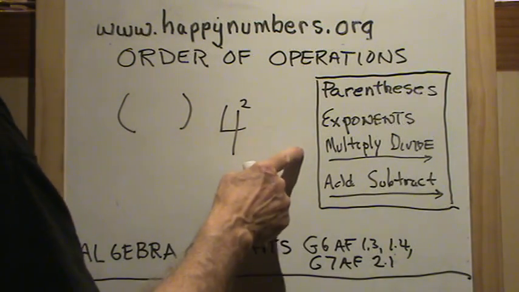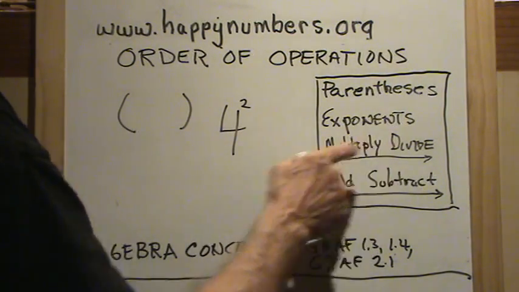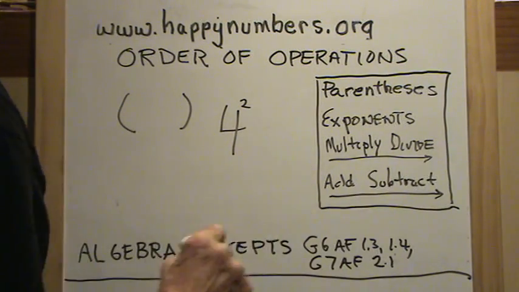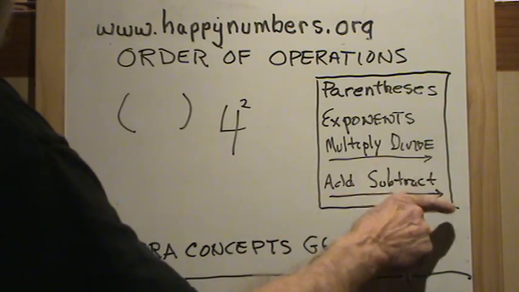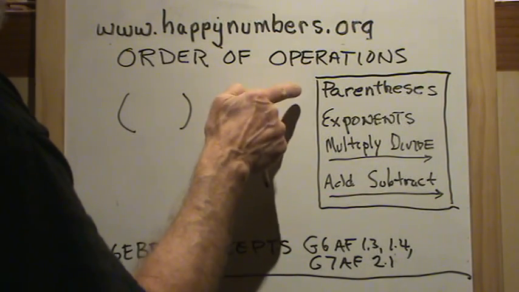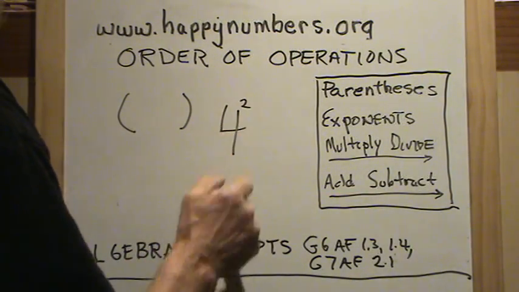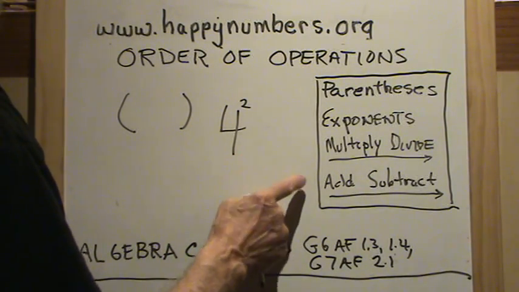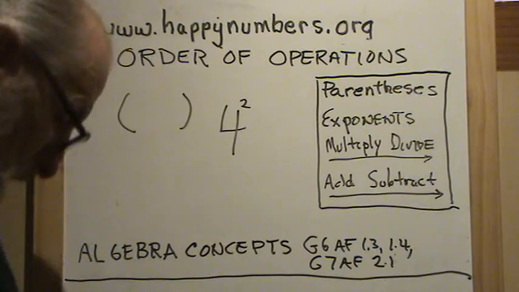Then you multiply and divide, and you work from left to right, and then you add and you subtract. Now, not every problem will have parentheses or exponents, or necessarily multiplication or division or adding and subtracting, but this is the order that we follow.